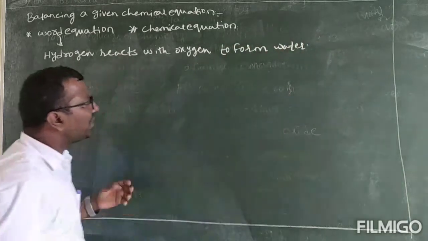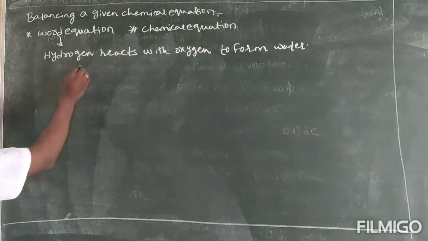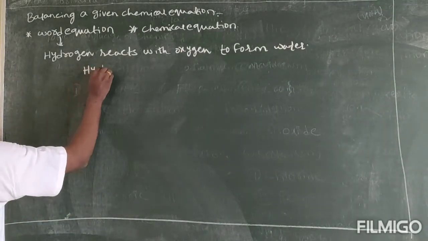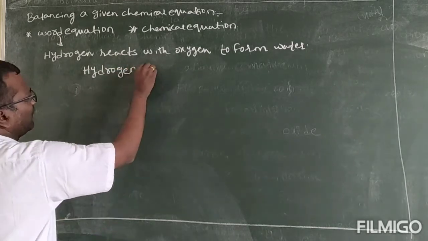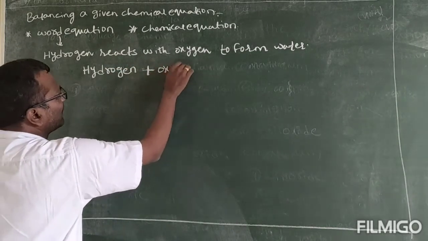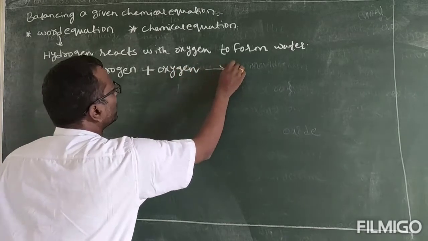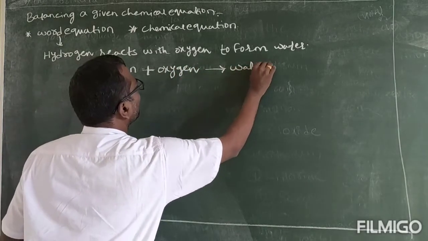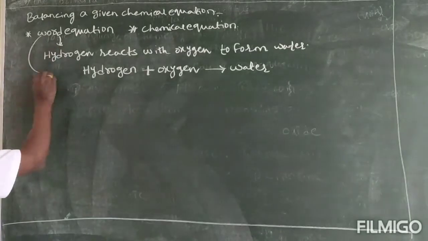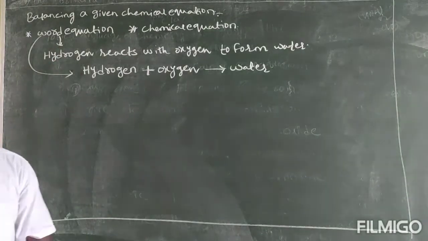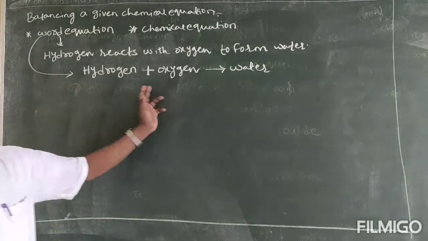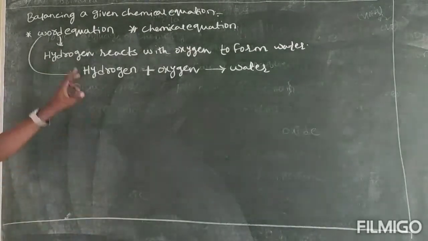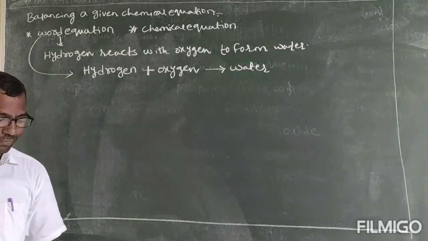Now representing this like this: hydrogen plus oxygen gives rise to water. This is called as word equation. So representing a chemical reaction in words is called as a word equation.